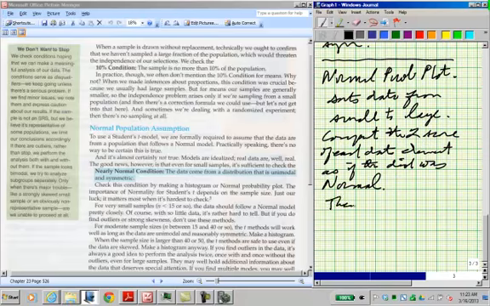Then it plots the data versus the z-score. Now, if the data is really normal, then the z-scores of the data will be normal.